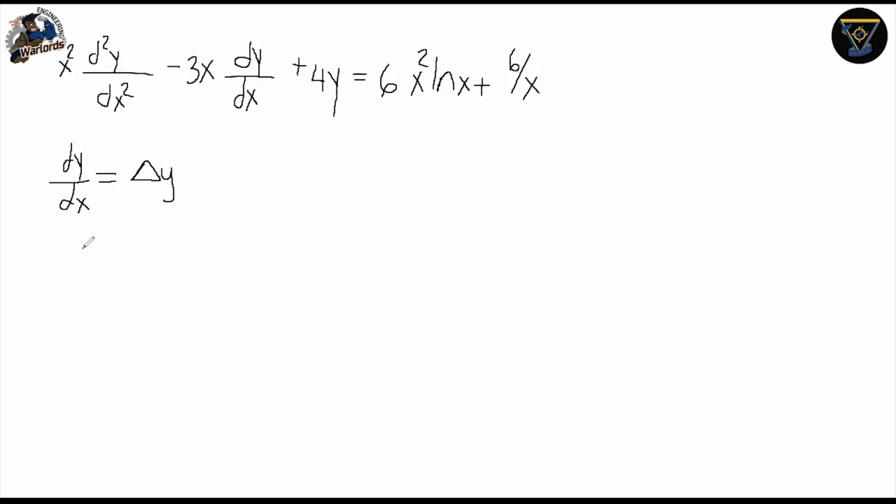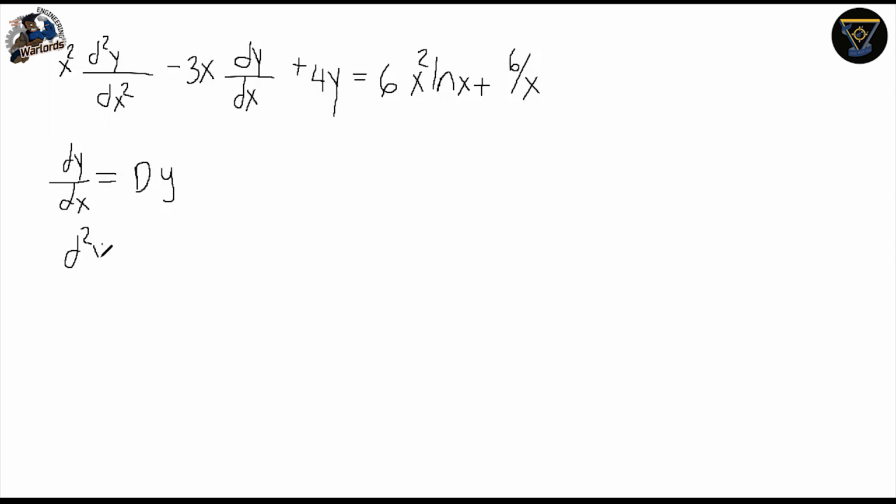So what we need now is D squared. Can you use D? You want me to use D? Yeah. All right, I'm just used to D. So we have Dy, right?